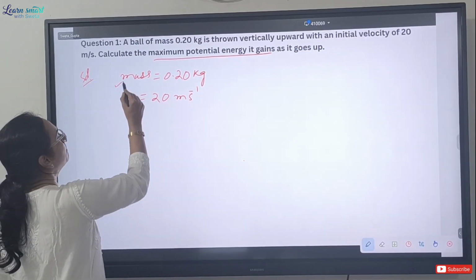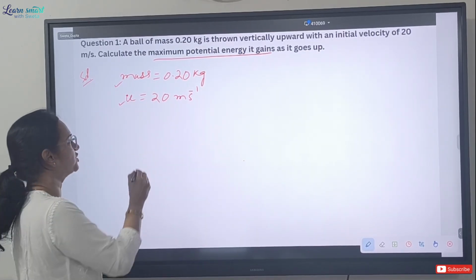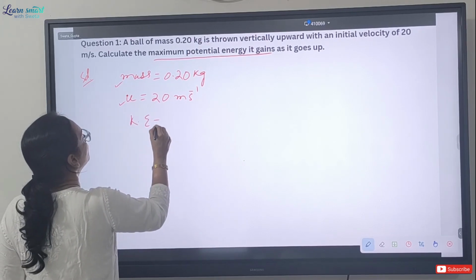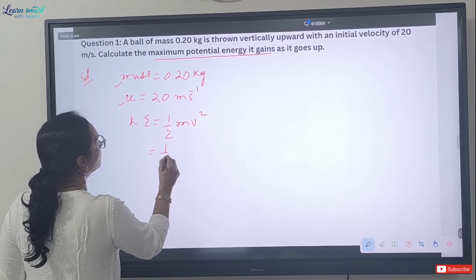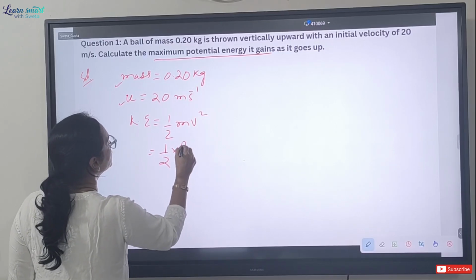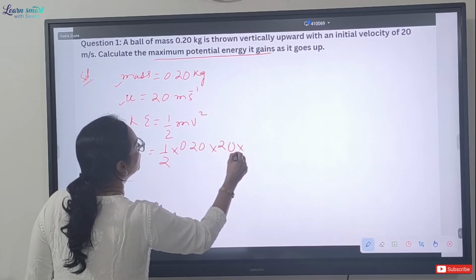But we know only mass and velocity. So we will first calculate the kinetic energy. And kinetic energy will be half mv square, which is 1 by 2 into 0.20 into 20 into 20.